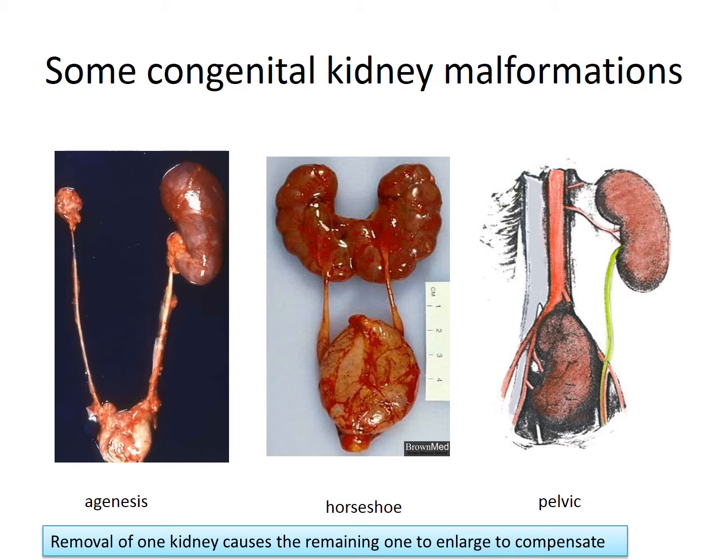If you look at the middle, we've got two kidneys, but in development they touched each other and fused, and because the kidneys start off low down in the pelvis, it prevents the kidneys from rising up to their normal position, which is in the mid-lumbar region, and so the kidneys remain near to the bladder and connected, and they work fine. It's just they're in a different position to normal.